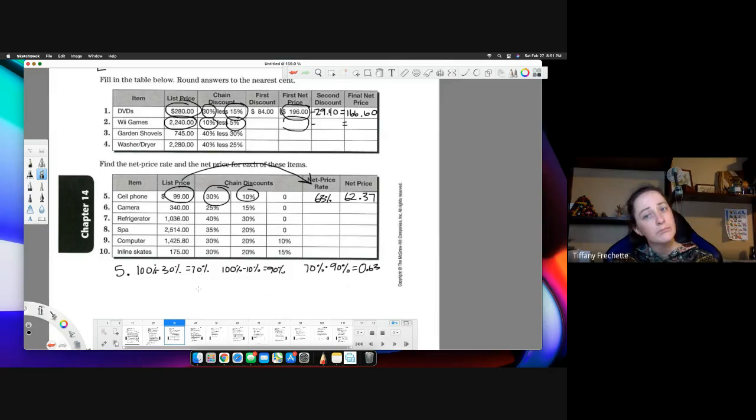So still a few calculations there, and you're going to have to do that for 6 through 10. But again, it depends on which method you like better. But they are looking for this net price rate, so we're going to have to use this method at least for this table just to get it filled in. So I'm going to go ahead and let you guys finish that. I hope that helped, and I will see you in section 4.